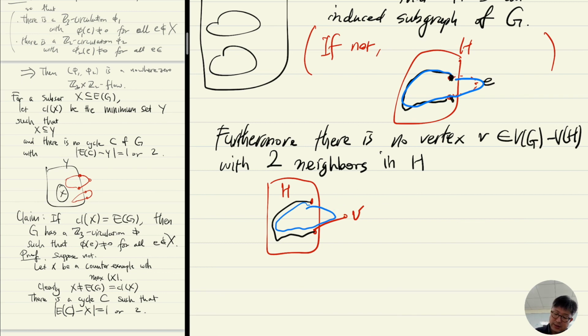So that means I can add these two edges to H. Adding these two edges to H still makes a connected subgraph contained in the closure, and that's a contradiction to the maximality of H. So there's no vertex outside of V having at least two neighbors.